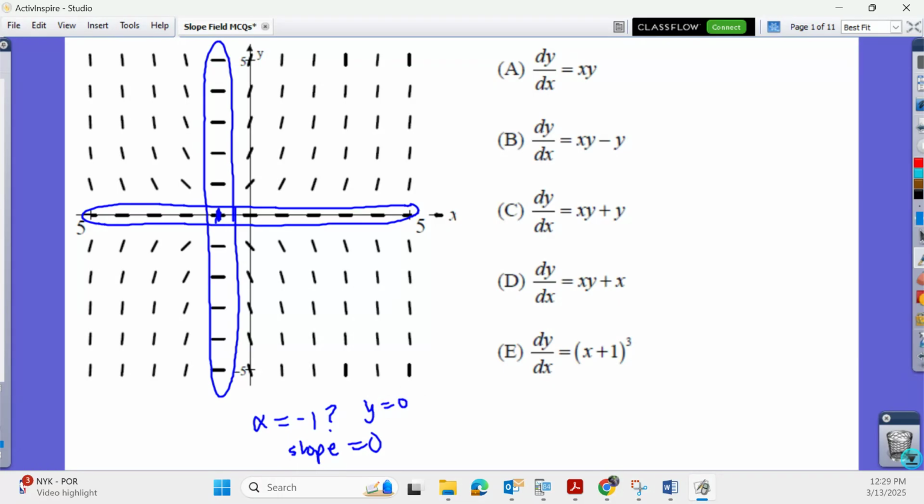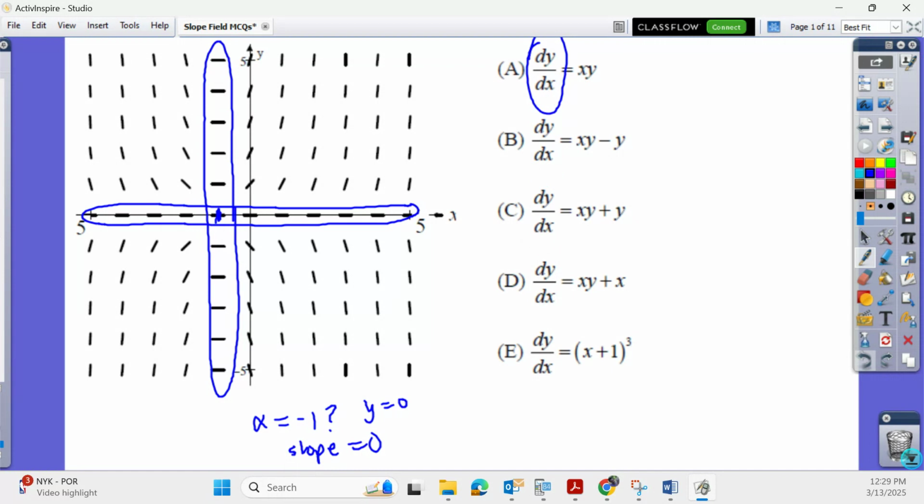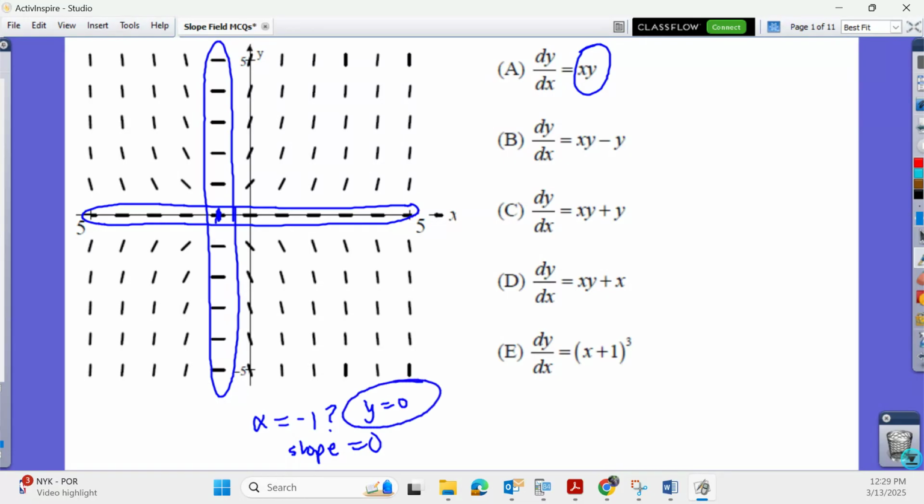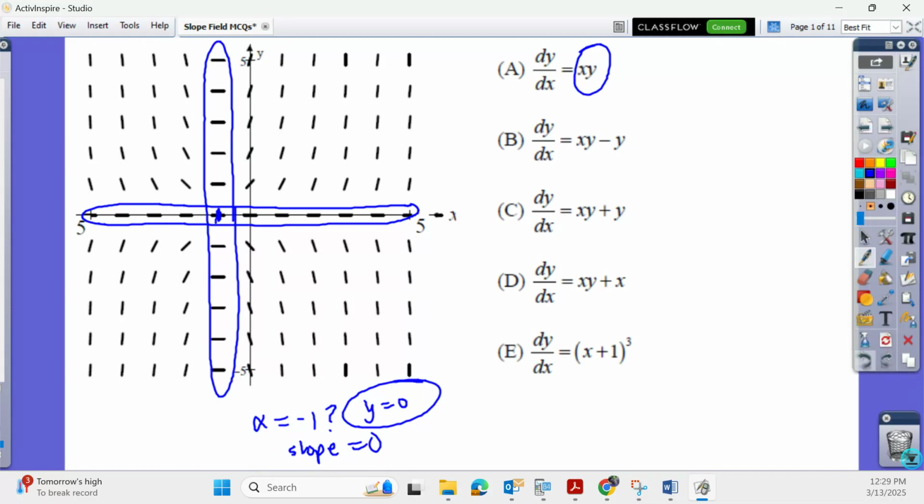Well, what that means is if I have dy/dx equals something, I need the other side to equal 0 whenever y equals 0, and whenever x equals maybe -1. It's not like it's scaled out on there for us, so maybe it's close to -1. Maybe I'm misreading it, but it's -1.